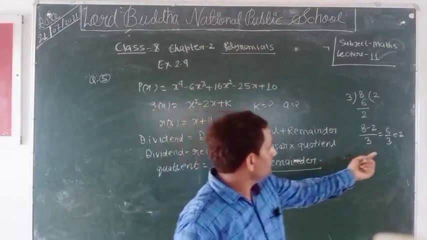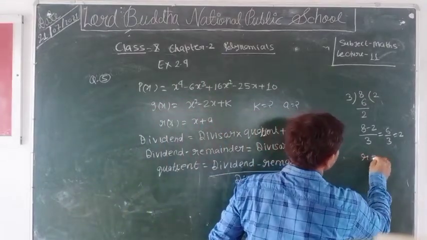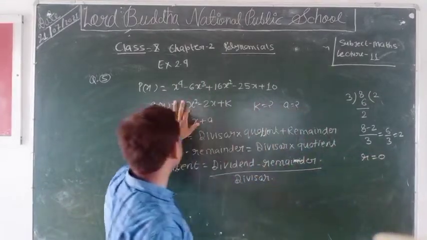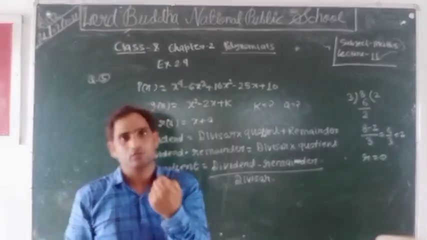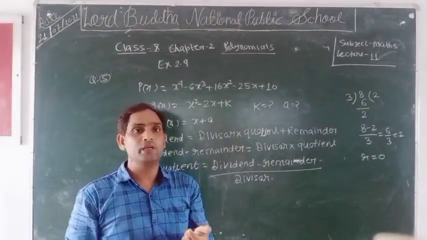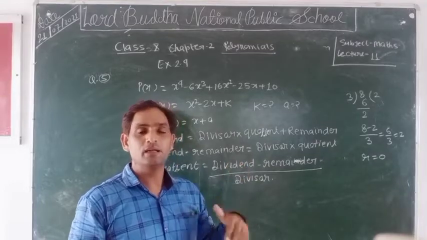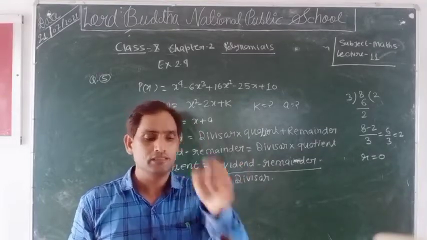As in this example, the remainder is 0, in that case also the remainder will be 0. And we compare it to the given remainder and we find the values of a and k.